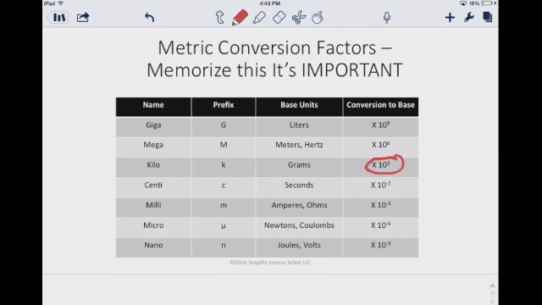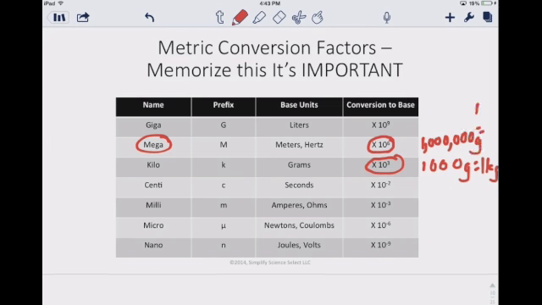So when we say this, we say that 1,000 grams equals 1 kilogram. Okay, we could say 1,000 liters equals 1 kiloliter. Mega is going to be a times 10 to the 6th greater than our base unit. So 1 million grams equals 1 megagram.